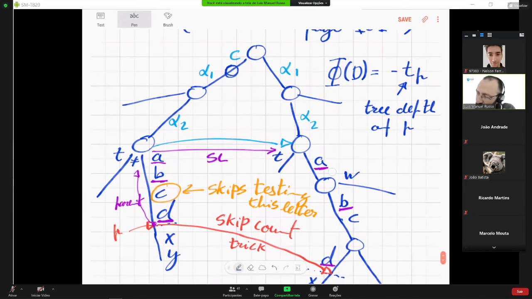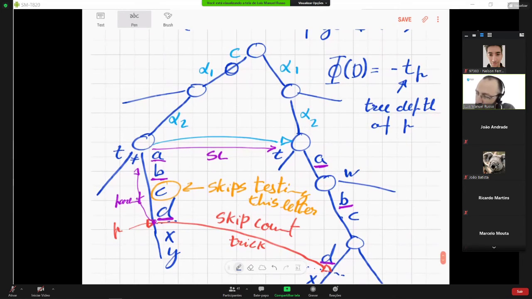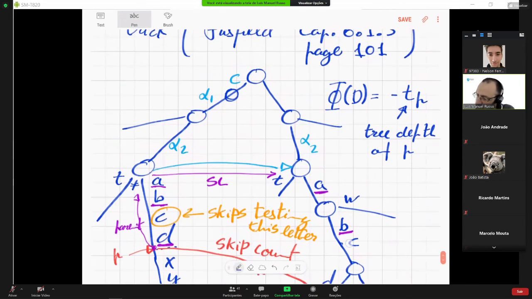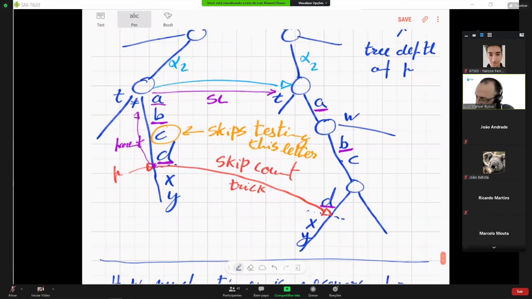Because stuff like this, so here's your alpha 1. You can get a node here that splits your alpha 1 into 2 parts, right? So you can gain more nodes, but you don't know that. That might happen or not. But we know for sure that you gain these 2 down here, and that would be enough.